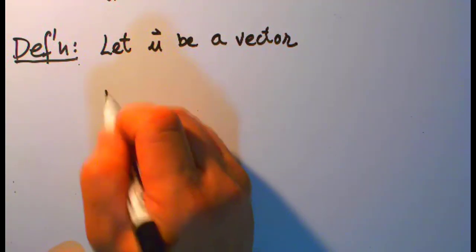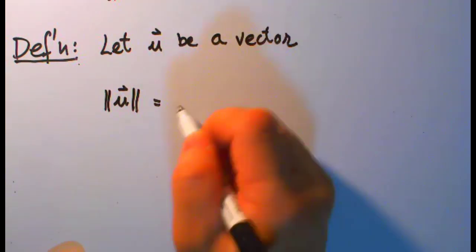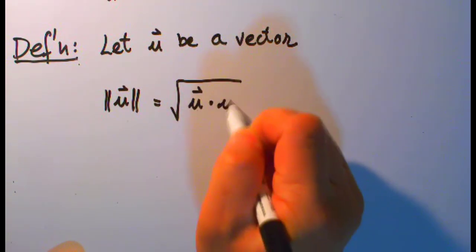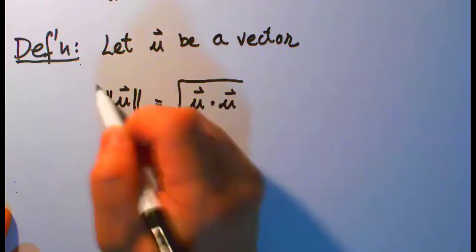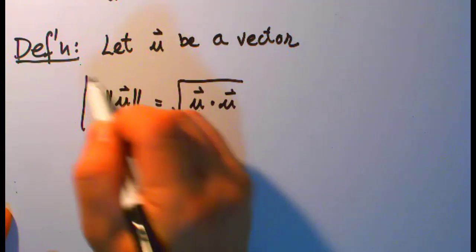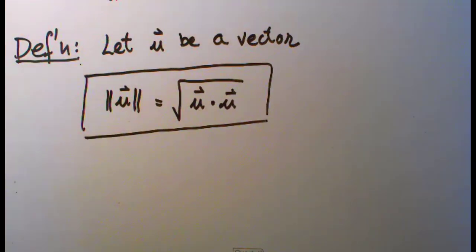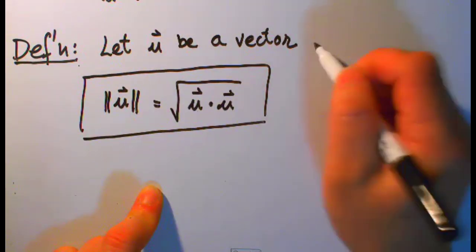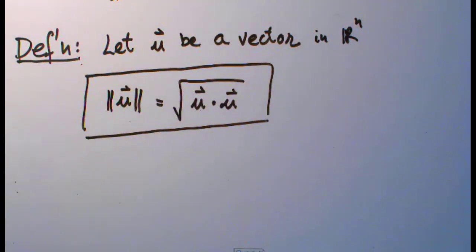Then the length of the vector u is simply defined to be the square root of the dot product of u with itself. I gave my explanation using vectors in R2 for simplicity. However, this definition is true for vectors in Rn. It could be R2, R3, R4, R5.